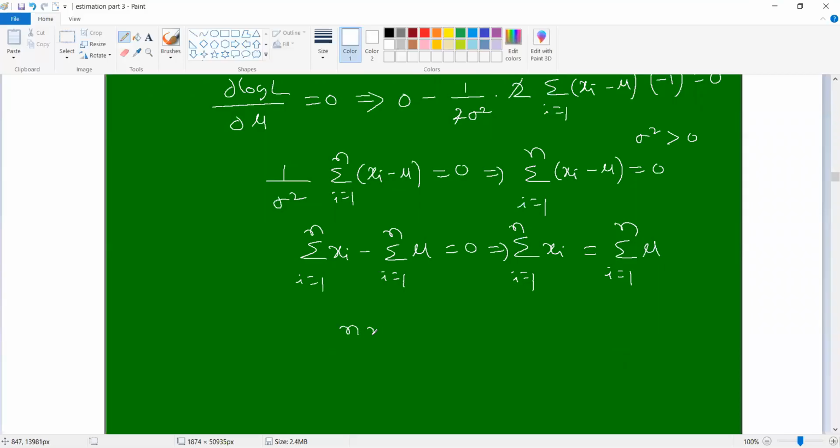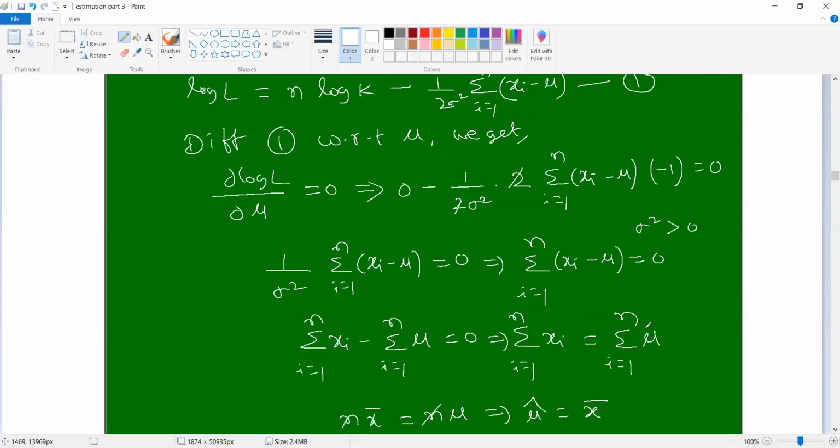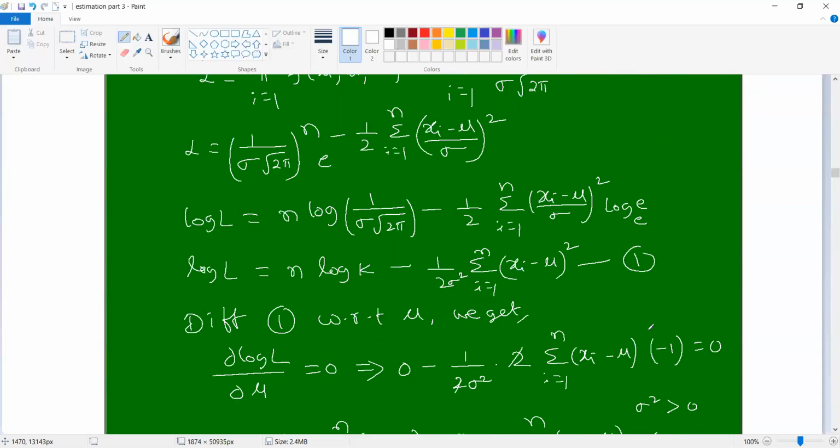Summation xi is called n x bar, summation mu is called n mu, so n and n cancel. So mu cap is equal to x bar. Therefore the MLE of mu is x bar when sigma square is a known value, which is very, very important. So this is the procedure to find the MLE of mu for the normal distribution. It's very, very important.